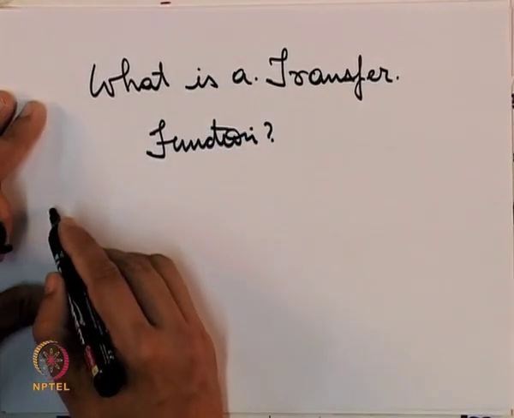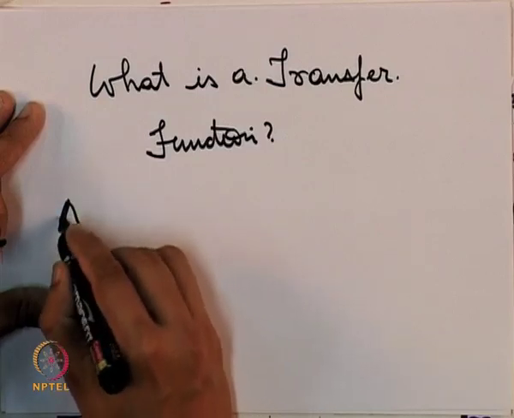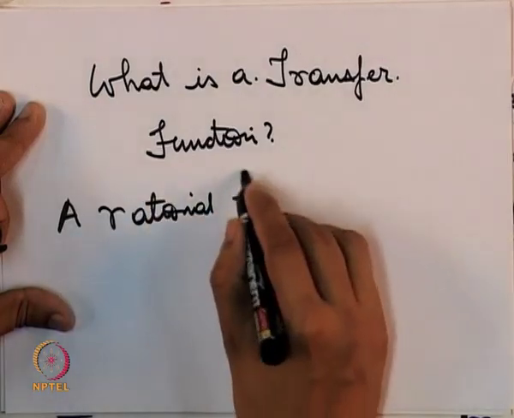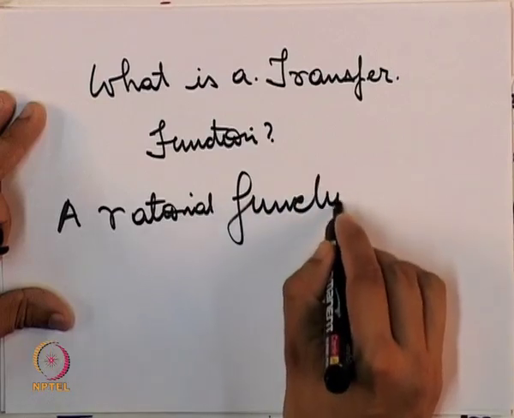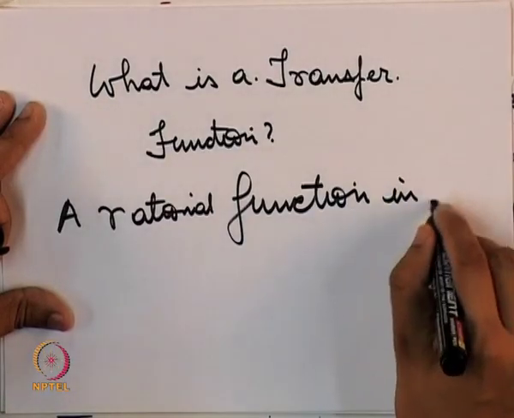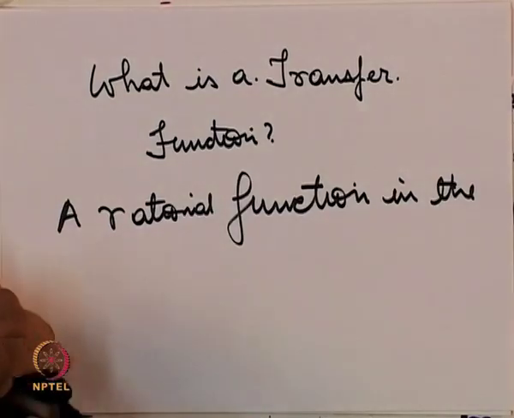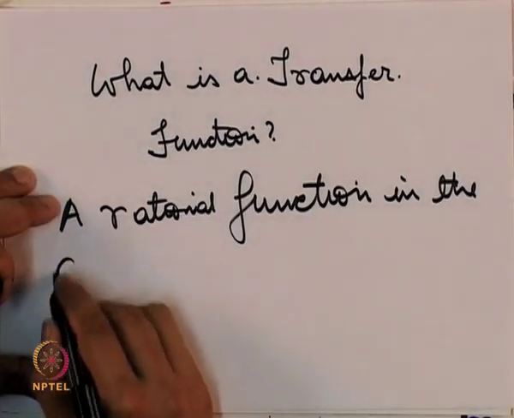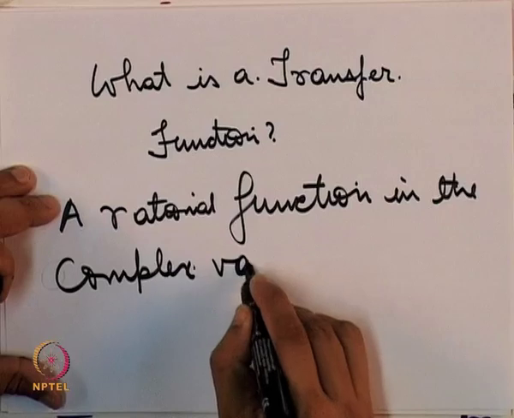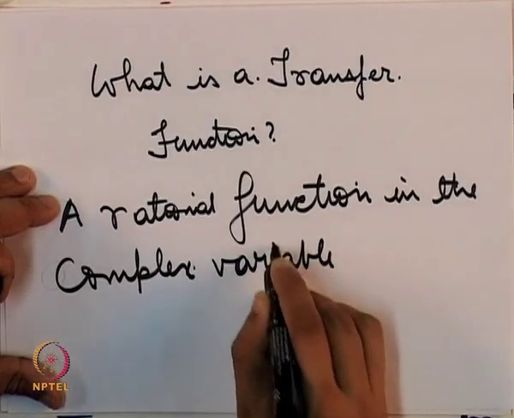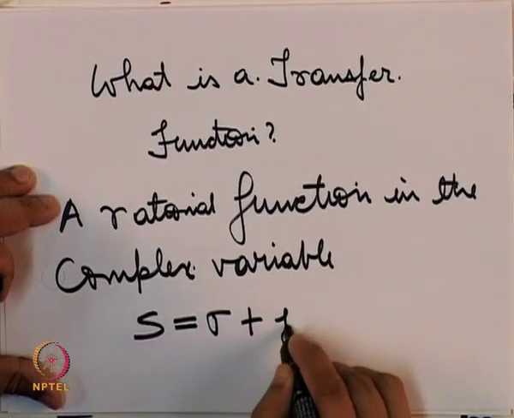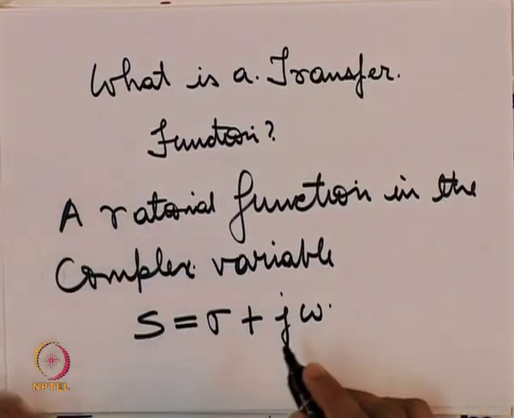A transfer function can be defined as a rational function in the complex variable S, where S is given as sigma plus j omega.